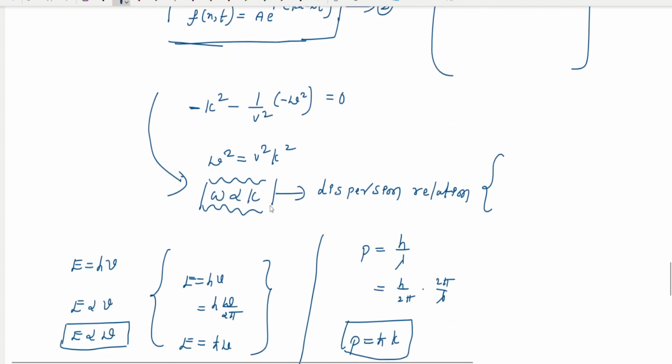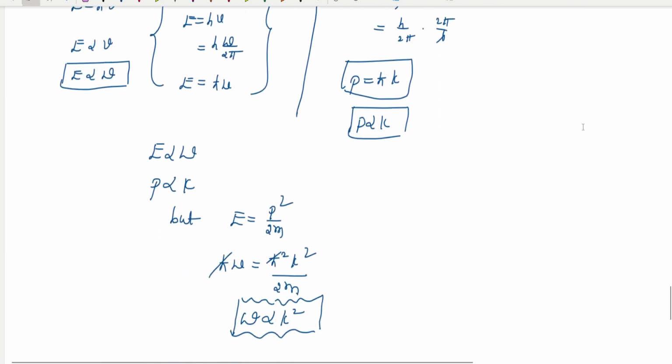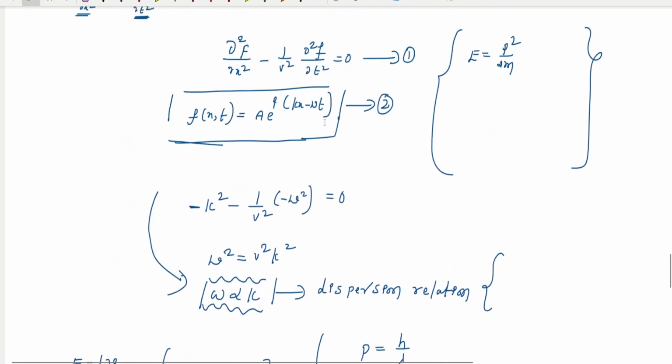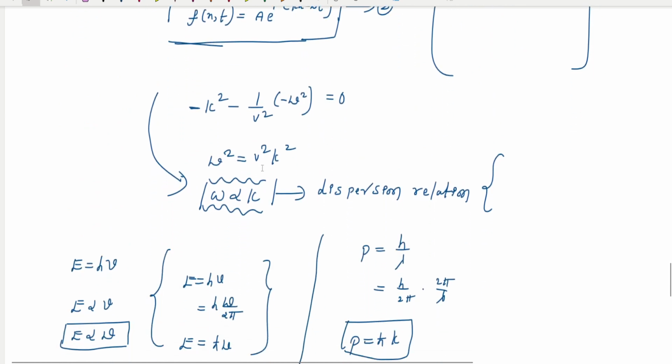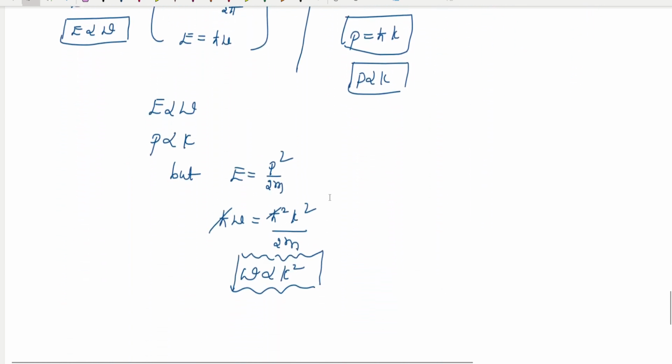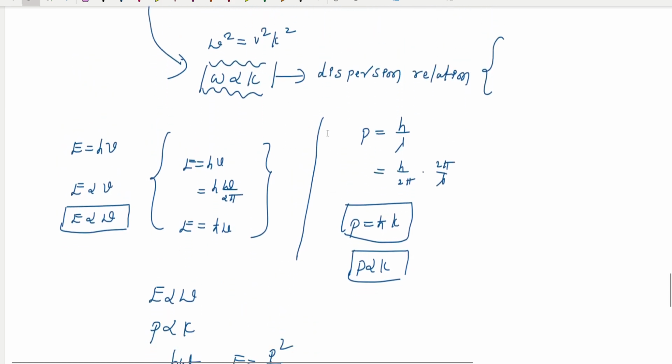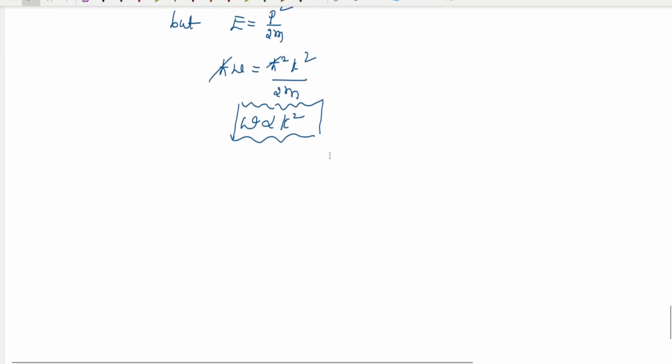Whereas in the quantum case, I get the dispersion relation omega is proportional to k square. So initially we start with a classical equation, then we can get two types of dispersion relations, right? This is the wave dispersion relation in classical mechanics, and this is the one in quantum mechanics.